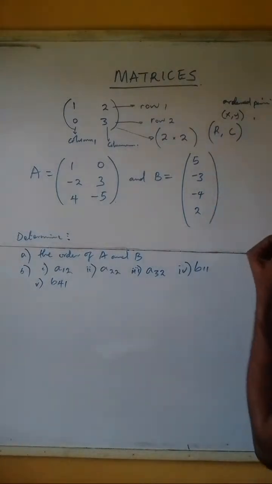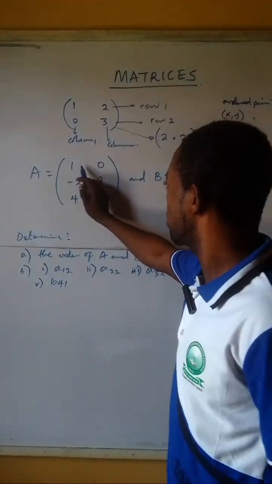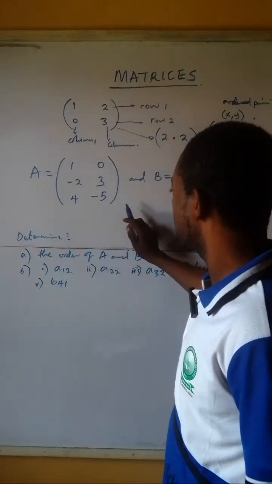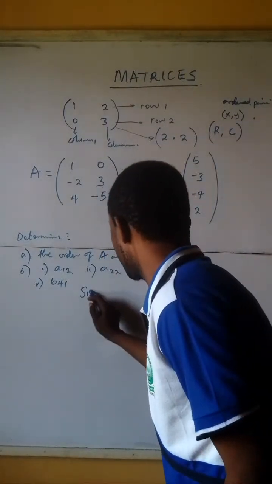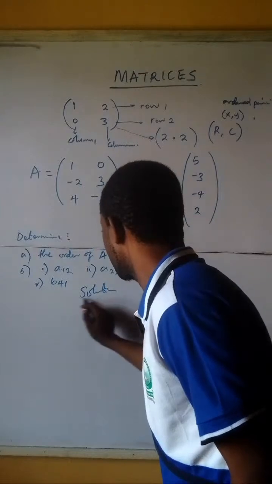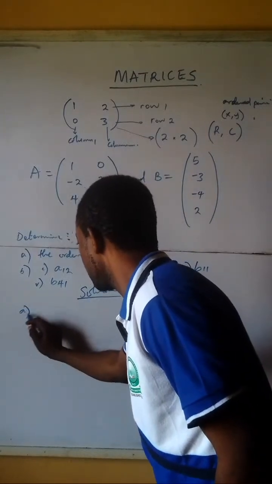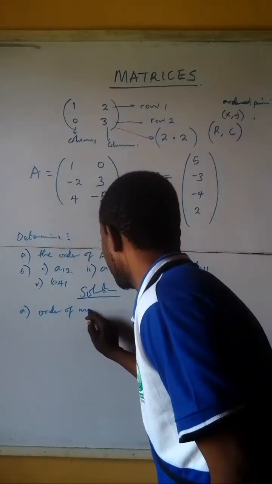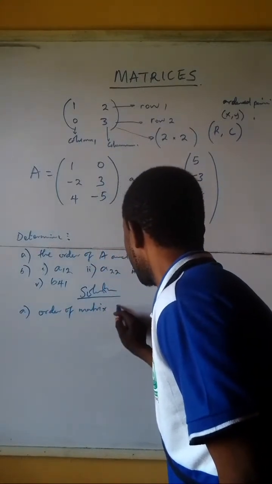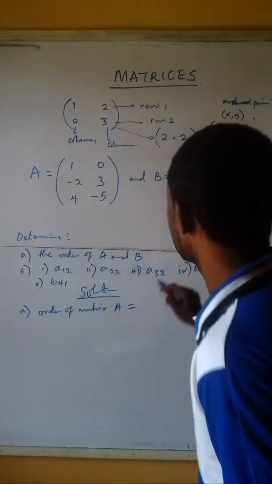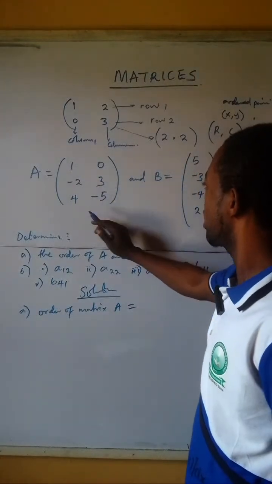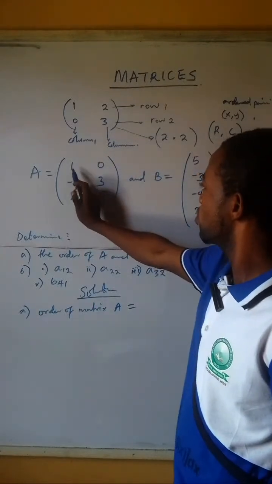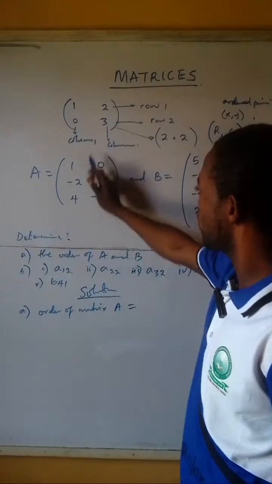Now, the order of this matrix here, for A, we have 3 rows, 1, 2, 3. So that means, solution from here, the first one, which is A, order of matrix A here will be equal to 3 by 2, because we have 3 rows, 1, 2, 3, then we have 2 columns.